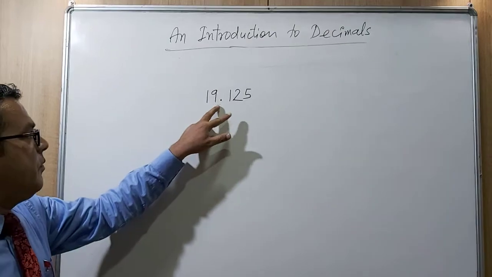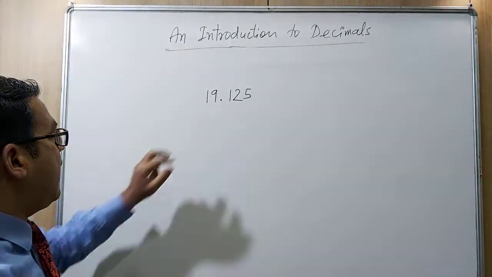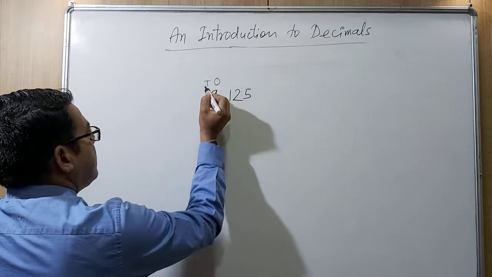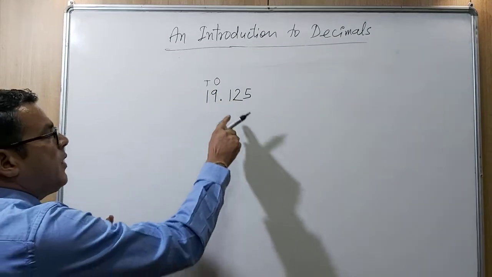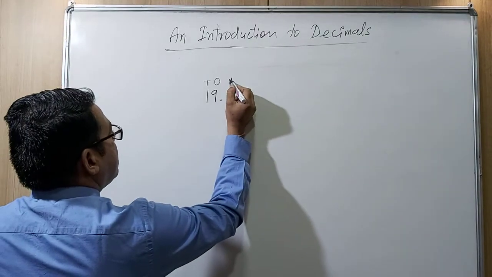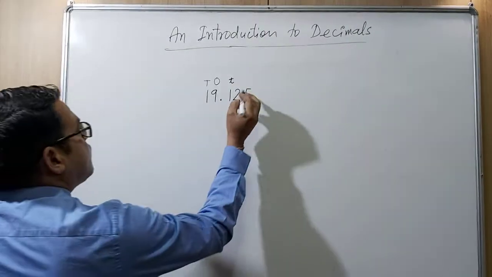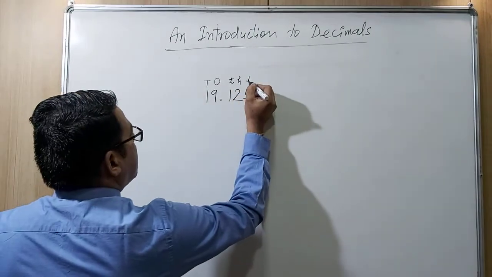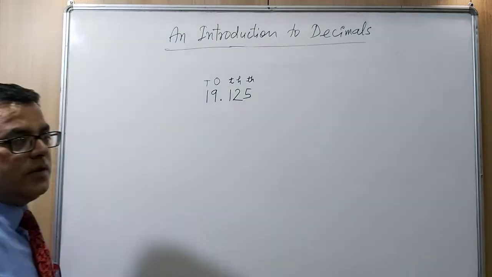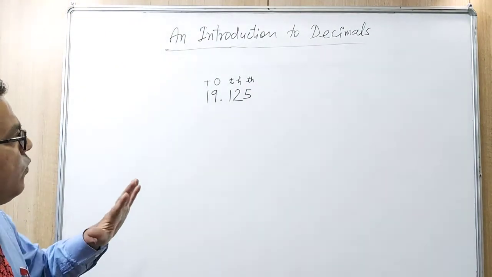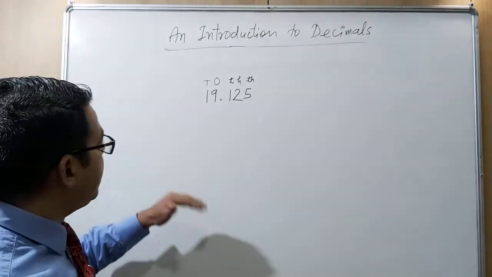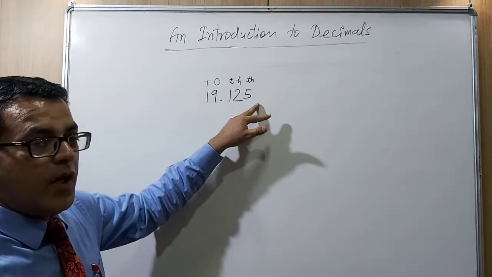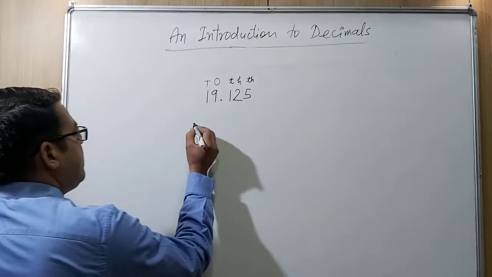This 9 before the decimal point is at the ones place, this 1 is at the tens place, and after the decimal point, this 1 is at the tenths place, this 2 at the hundredths place, and this 5 at the thousandths place, right? And how can we read this number?